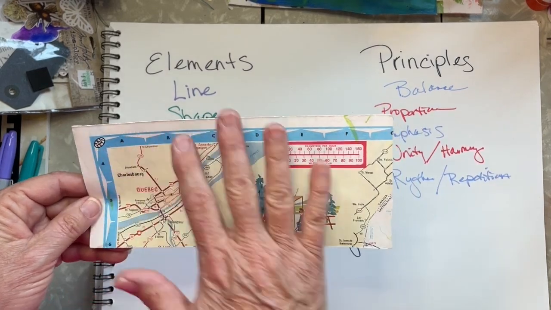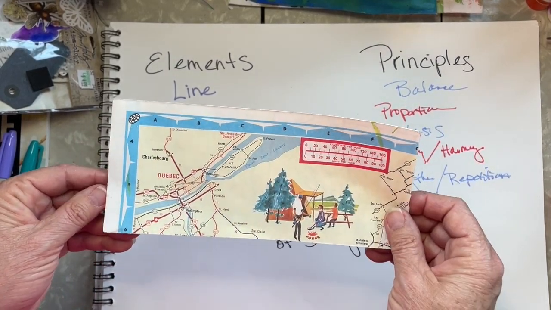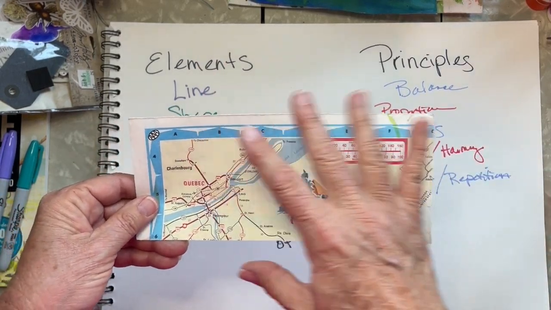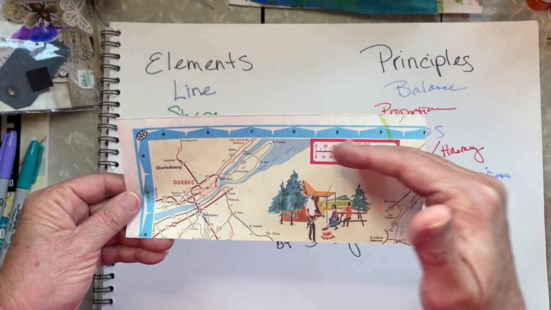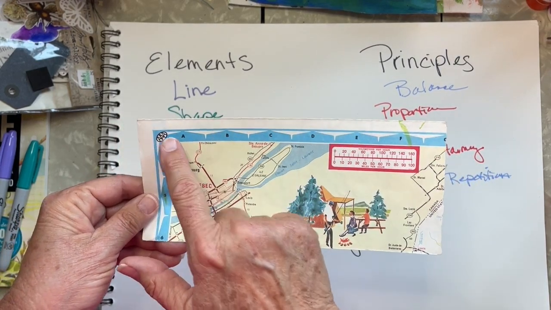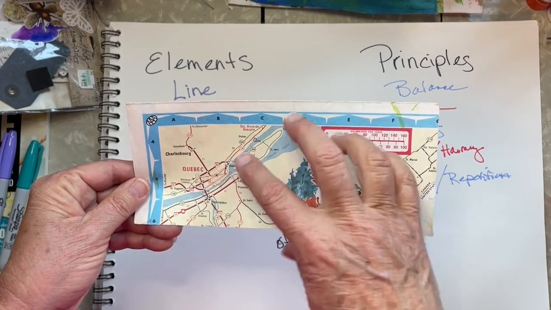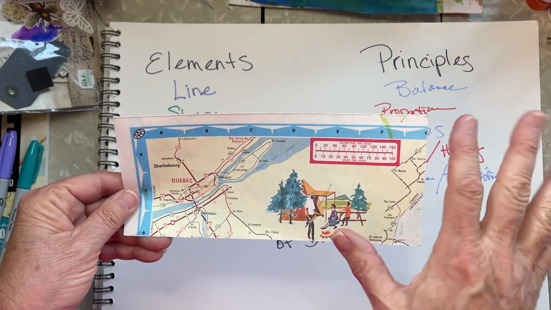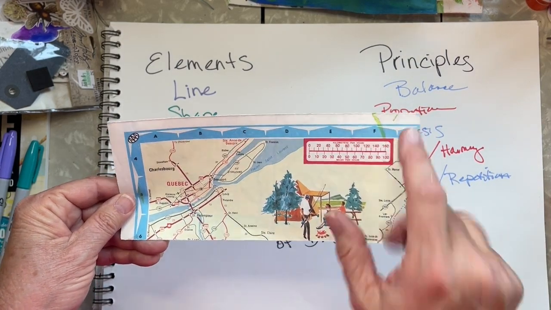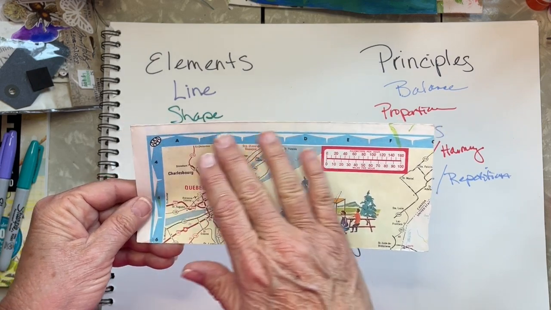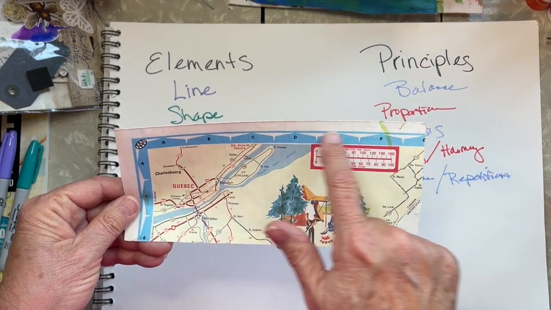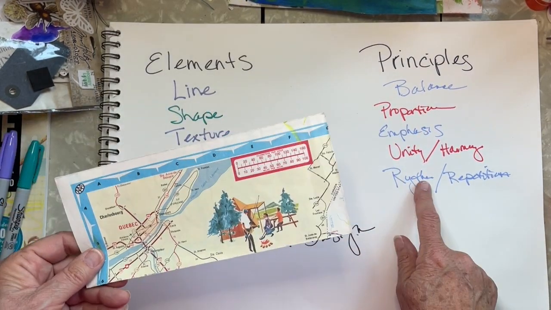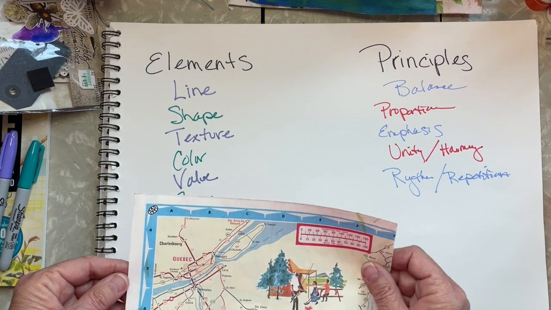So with the repetition and the rhythm, even though this is pleasing to our eye because there's nothing jumping out that's saying, it's not safe, it's also not boring because it's only a border with this other design happening. Does that make sense? Whereas if it was just a canvas simply filled up with this shape, same color, same size, just repeated over and over again, we would get tired of looking at that. It would not hold our interest very long. Okay, so there's rhythm and repetition. All right.